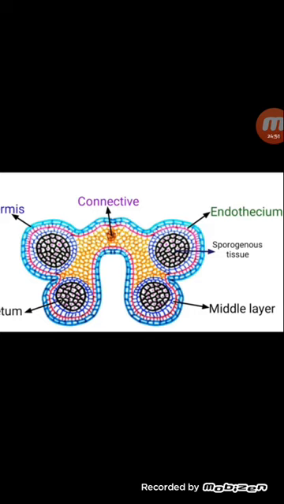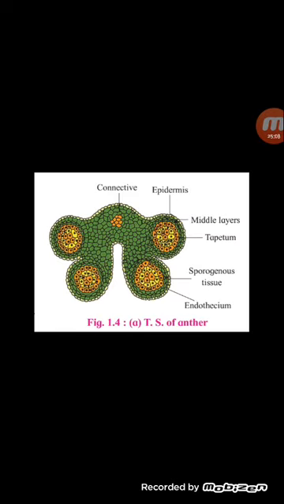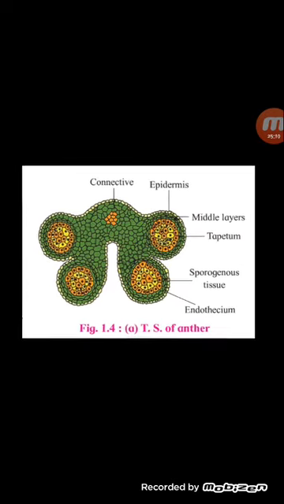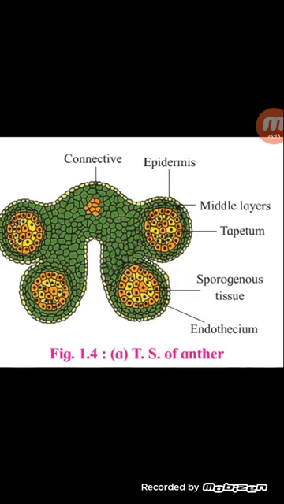Look at the diagram. You need to draw this diagram, which shows epidermis, endothecium, middle layer, tapetum, connective, sporogenous tissue. See this diagram, which is there in your textbook.